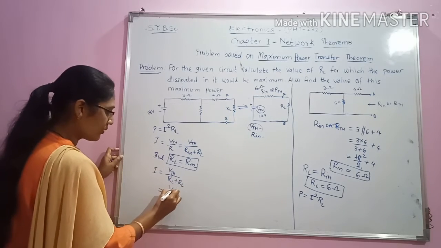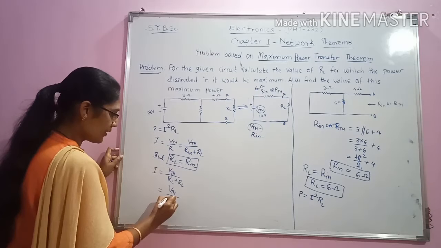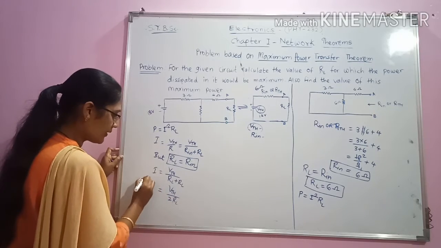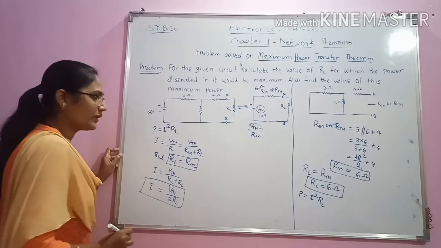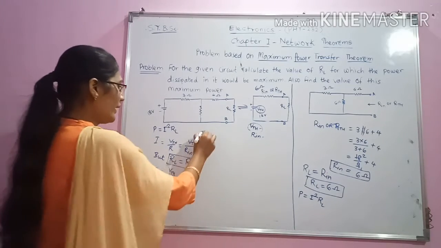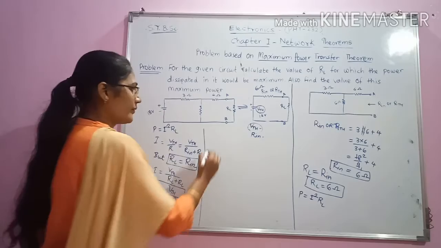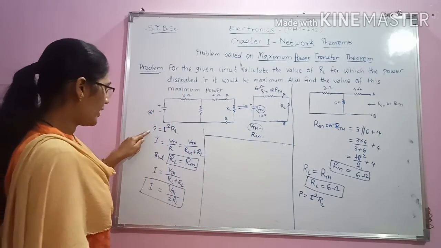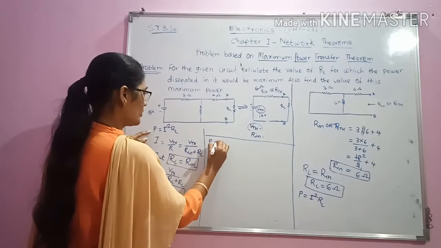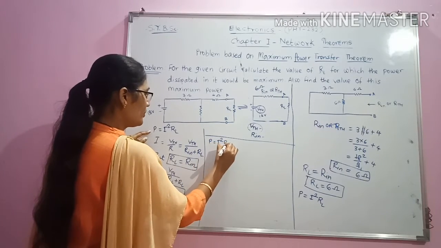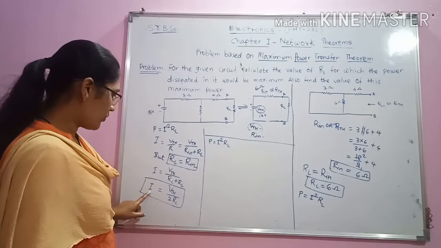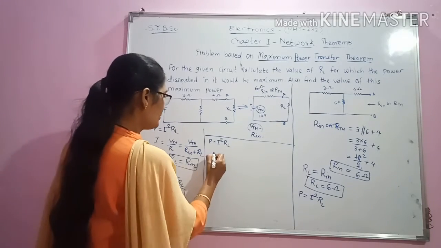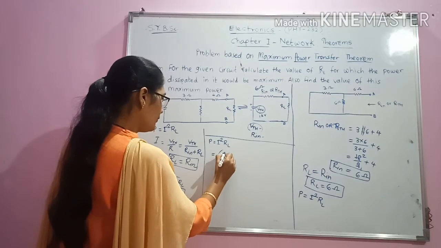Therefore, its value comes out as VTH divided by twice RL, which is the value of current in the equivalent circuit. Now we have to calculate the power dissipated. In order to calculate the power dissipated, the formula is P is equal to I square into RL. Just now we have calculated the value of I, and we will substitute this value here.